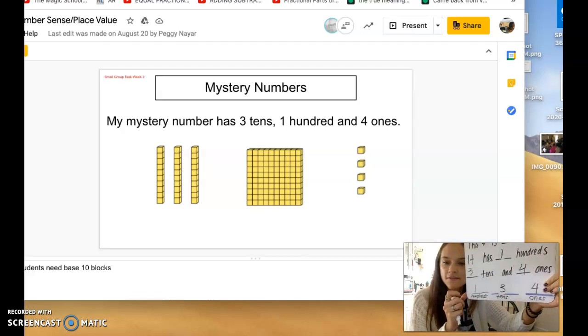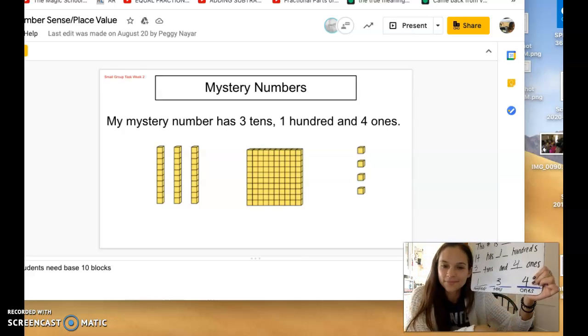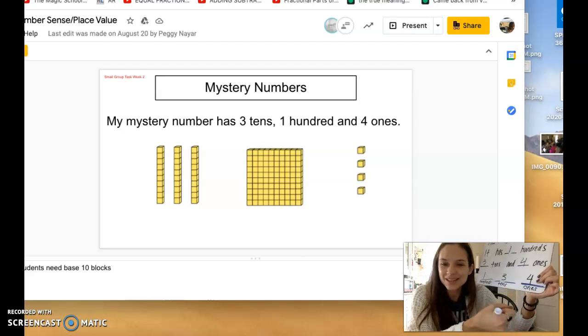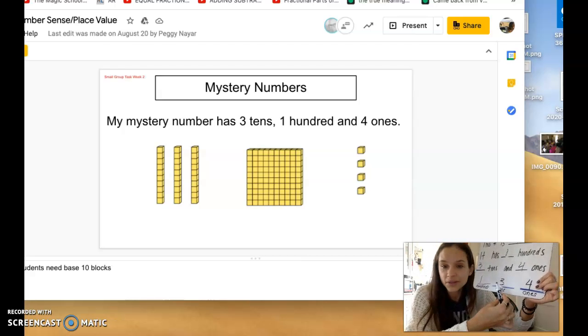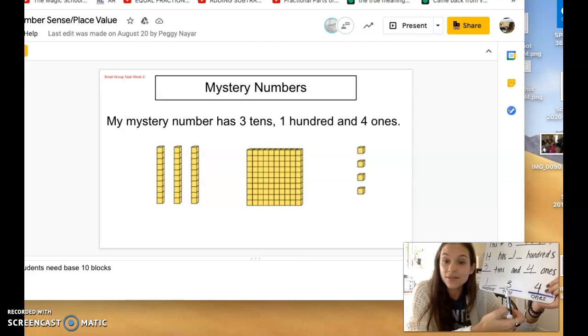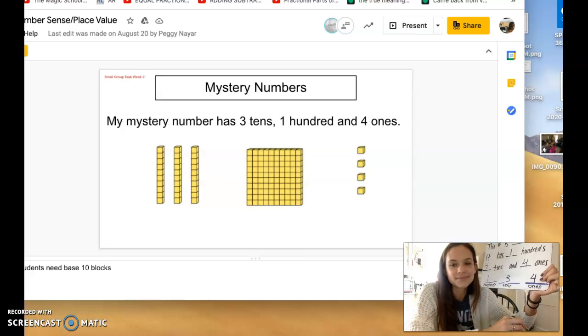Now, what is the value of this number 4 here? It's just 4, isn't it? It's in the ones place. It is what it is. But if we look at this number in the tens place, this 3, what is the value of 3 in the tens place? What is it worth? What is it actually?